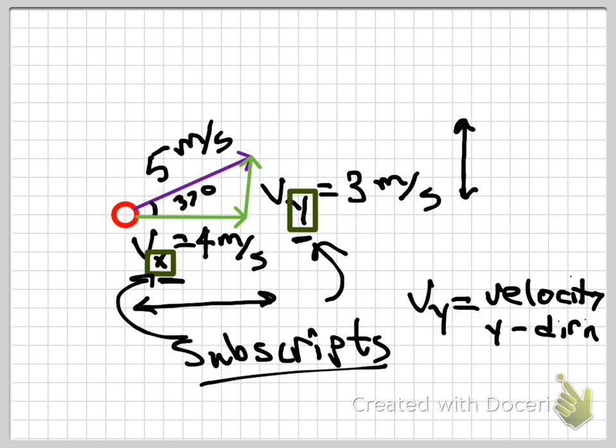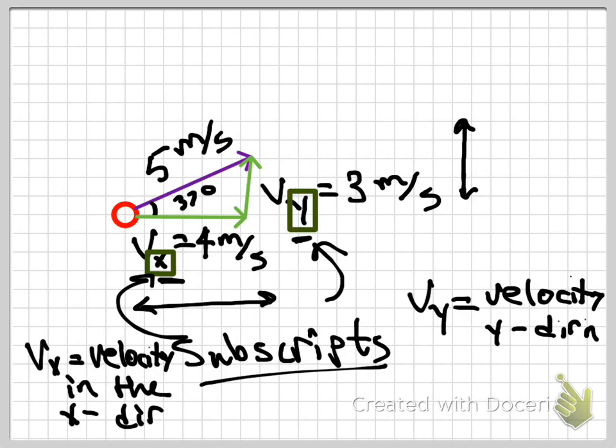Okay, if you have Vx, that means velocity in the x direction. So if you remember or talk about vectors from previous lessons and then before spring break, these are your components, okay? Your y component of your velocity and your x component of velocity, Vx, Vy.